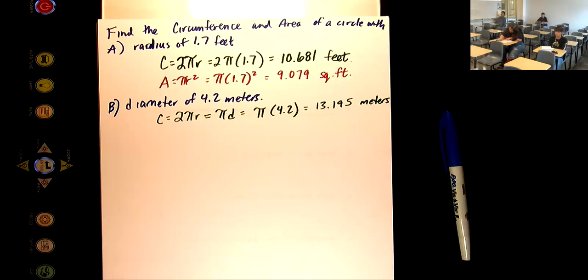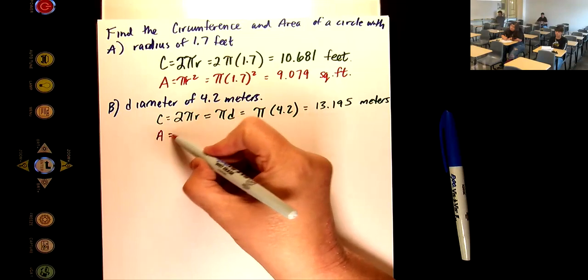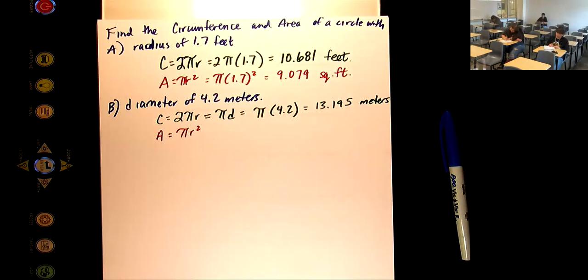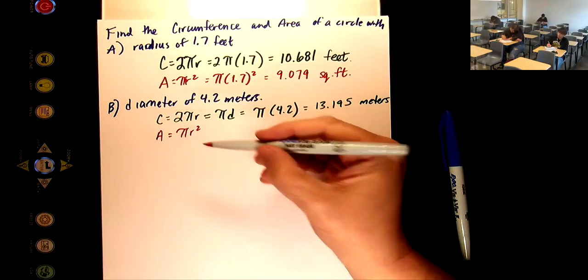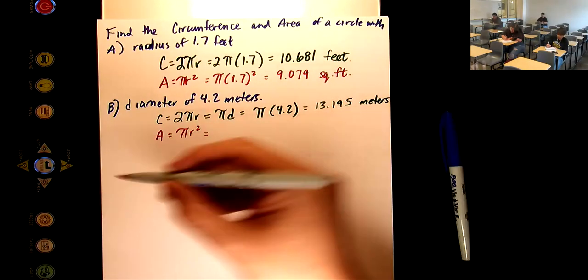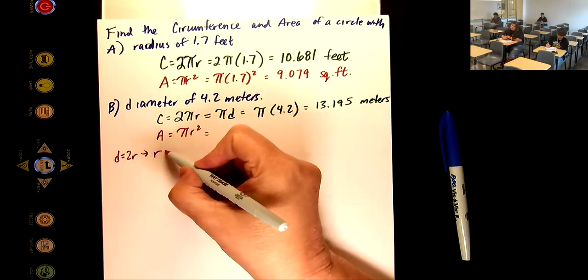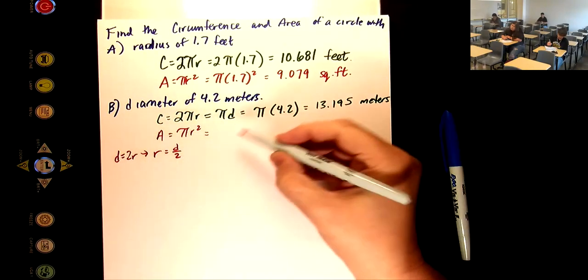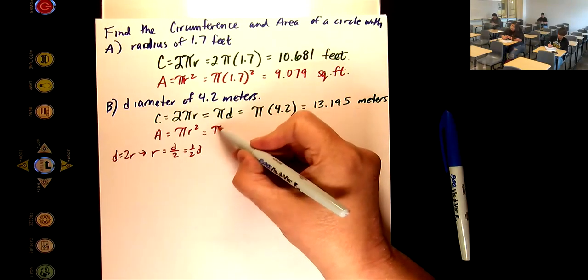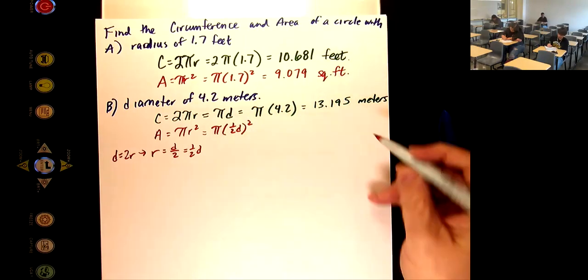And the area is pi r squared. I know d is 2 times r, which means r is really d over 2, or 1/2 d. So I can do that here. I can change r into 1/2 d and then square it.